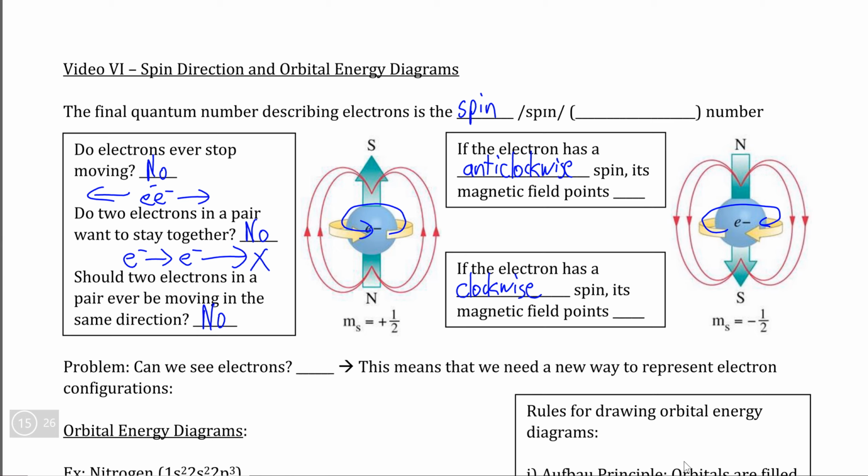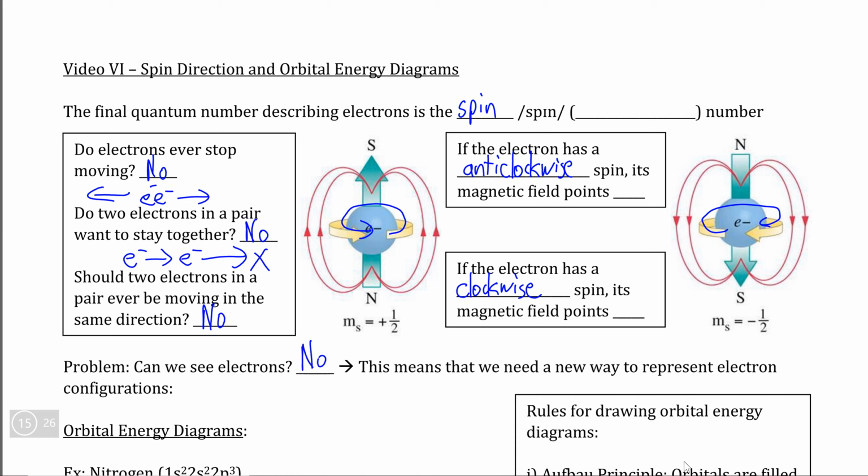This spinning gives each electron a small magnetic field. That's where the charge of electrons comes from, in the same way that when the Earth spins, that creates our magnetic field that our compasses depend on. Now, in order to show this, remember that we cannot see electrons.